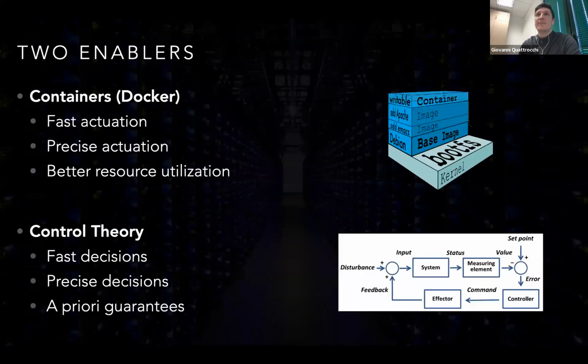So our idea was to combine two lightweight enablers: containers for fast actuation, precise actuation, and better resource utilization, and lightweight control theory planners. So we used logics that are extremely fast in computing the next state. These kinds of logics were also available in the past before our work.